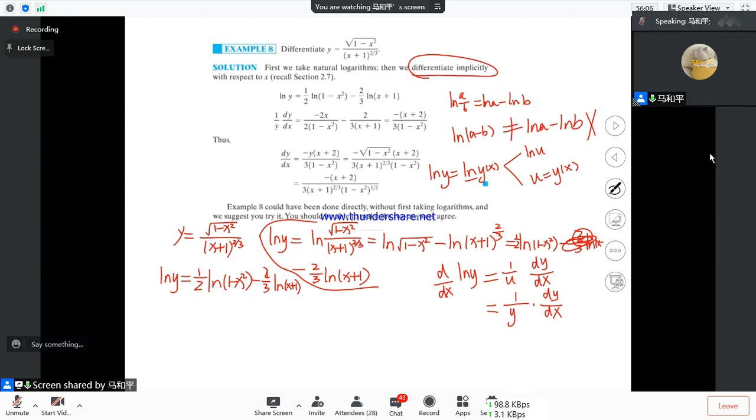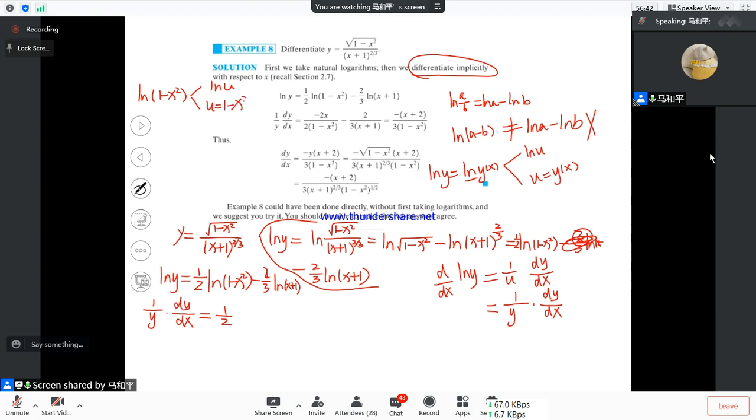So the left side, when we differentiate implicitly with respect to x, is 1 over y times dy over dx, equal to the right side. Here 1 over 2 is a constant. And ln of 1 minus x squared we decompose as ln u, with u equal to 1 minus x squared.